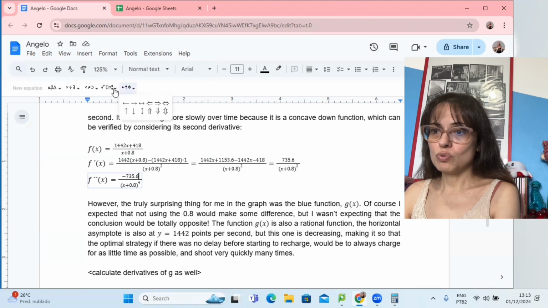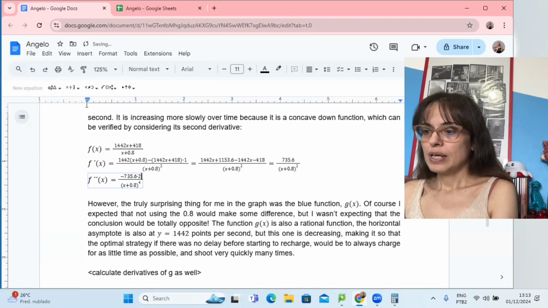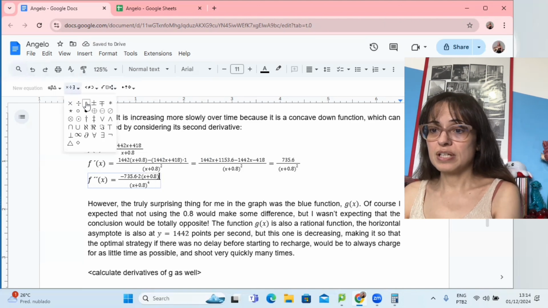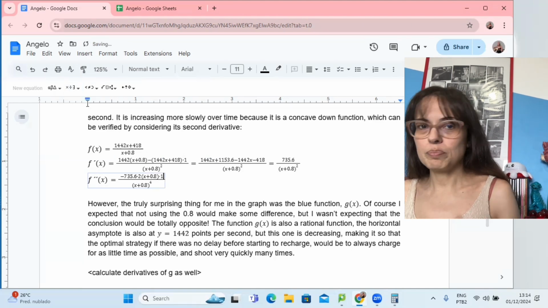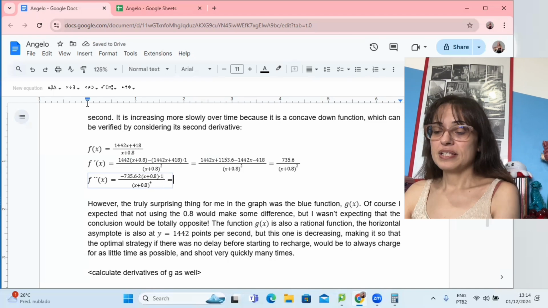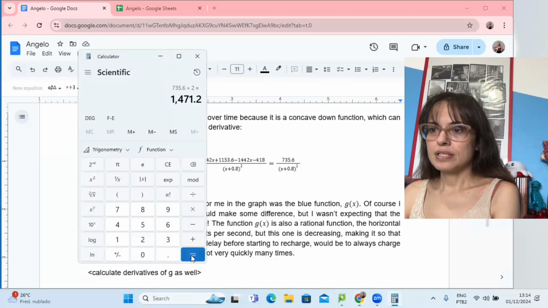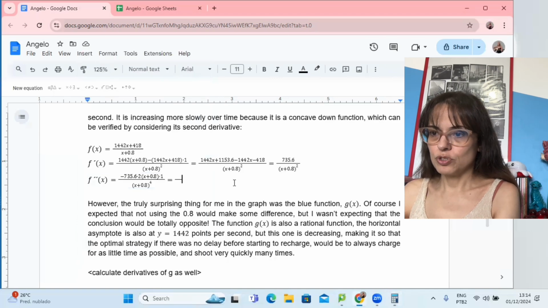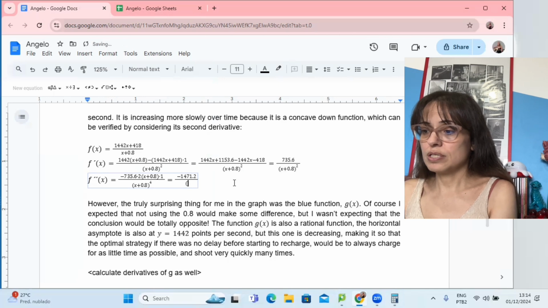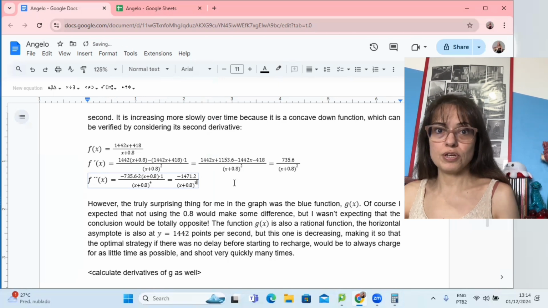So I am going to multiply that by 2x plus 0.8. And then the chain rule is going to give me a times 1 now. I guess I'm committed to typing times 1s because I did that once and I want to keep the pattern. When I simplify that, naturally I want to do that times 2. So that is 1471.2. But the x plus 0.8 on the top is going to cancel with one of the x plus 0.8 from the bottom, and it's just going to be a power of 3 here.